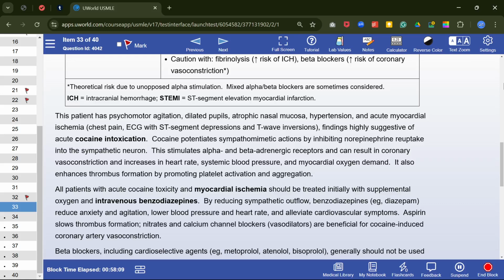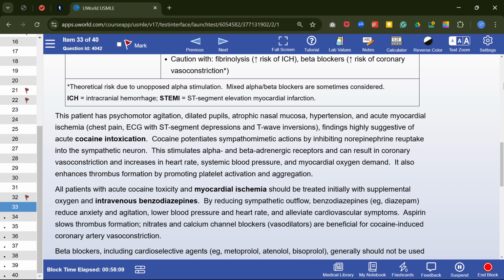Cocaine potentiates sympathomimetic actions by inhibiting norepinephrine reuptake into the sympathetic neuron. This stimulates alpha and beta adrenergic receptors and can result in vasoconstriction and increased heart rate, systemic blood pressure, and myocardial oxygen demand.